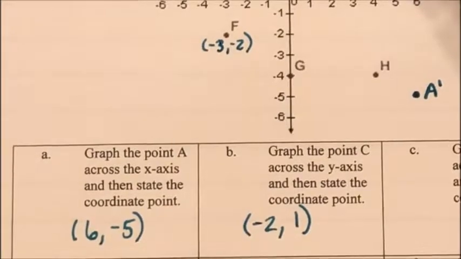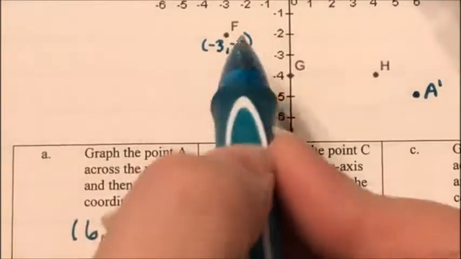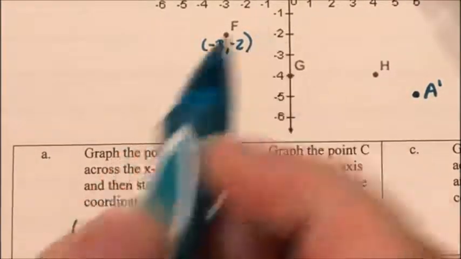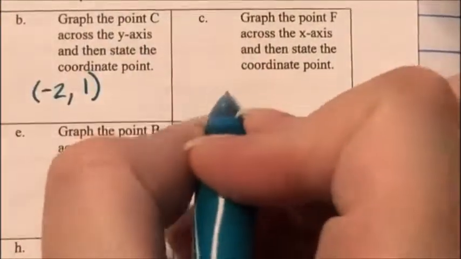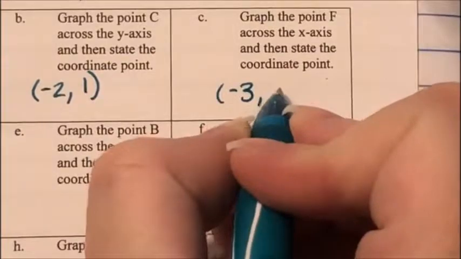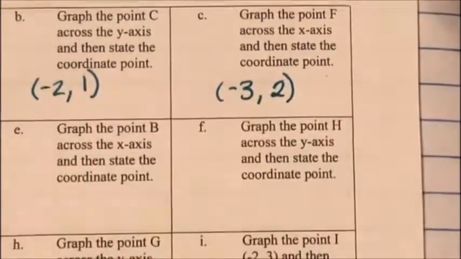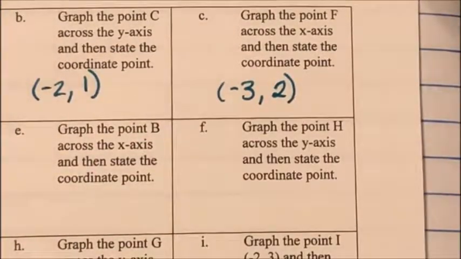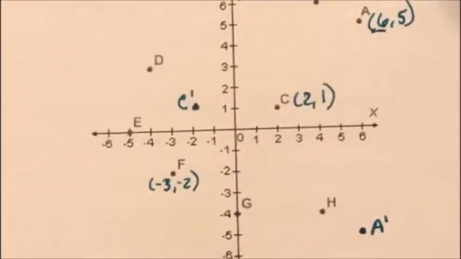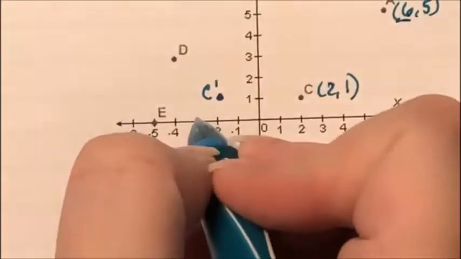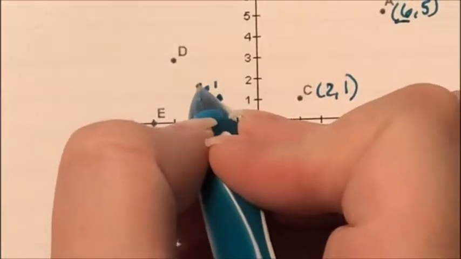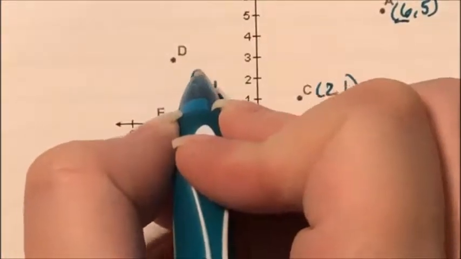I'm graphing across the x-axis, which means my x stays the same and my y changes. So that means my x stays the same. My y changes from negative 2 to positive 2. So I'm going to go ahead and graph that point. So that's negative 3, positive 2, and that's F prime.